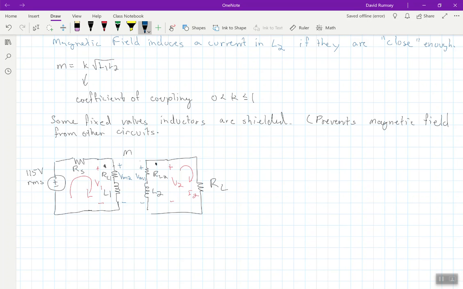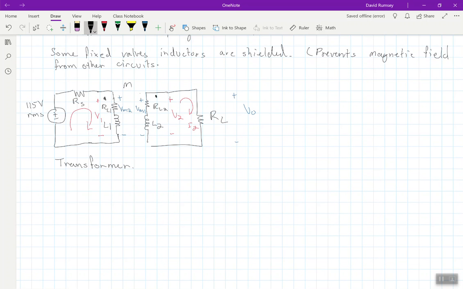Similarly, we also have a plus minus VM1, because we have an AC current going through this inductor, generating a magnetic field which induces a current here. So we have these voltages that get induced. And if I look at this as my output voltage, this particular kind of circuit is something very important that some of you might already know the name of. This is something called a transformer.